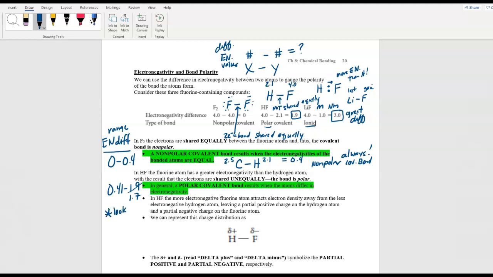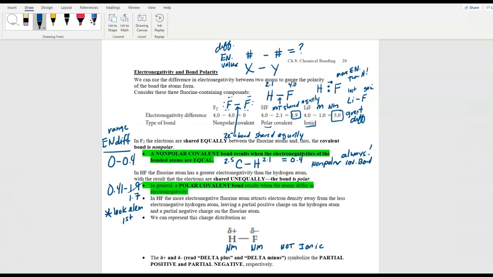Look at who the elements are first. If you see a metal, ladies and gentlemen, you can't even be thinking about this category. You've got to go straight ionic. But if you are doing the math and you get 1.9, and somebody like hydrogen that's a nonmetal, and fluorine that's a nonmetal, you know that cannot be ionic. Not even close.